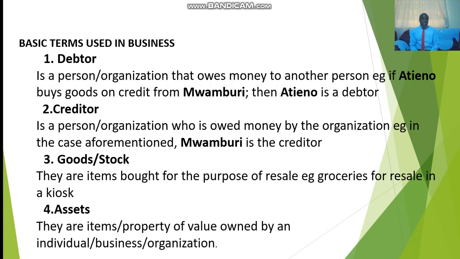Today we shall require to define some terms used in business. That is the basic terms. Term number one is a debtor. A debtor is an organization that owes money to another organization, or a person that owes money to another person.